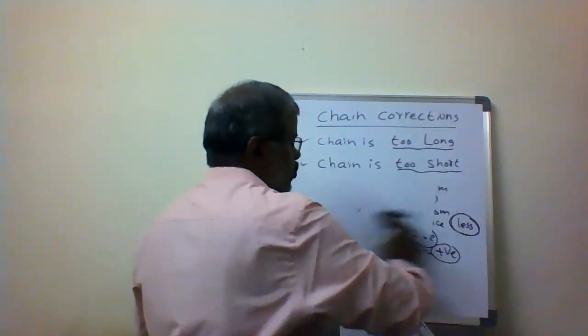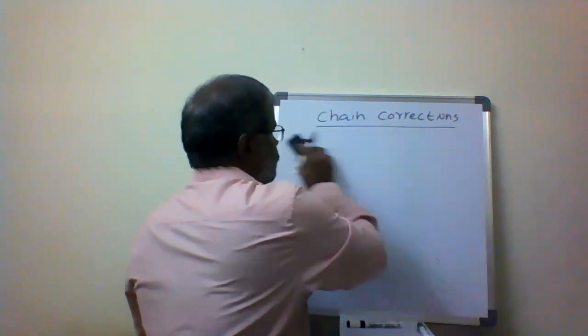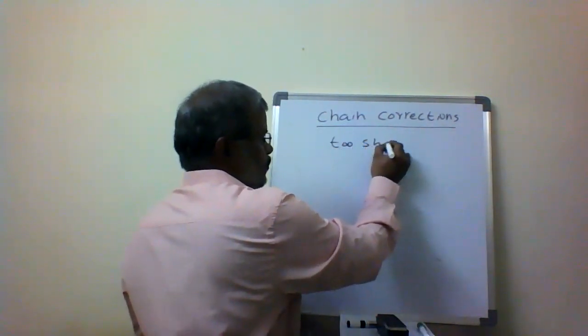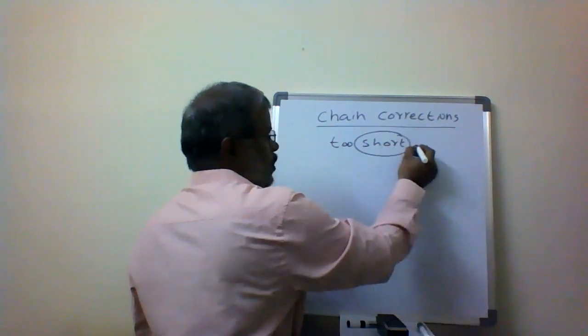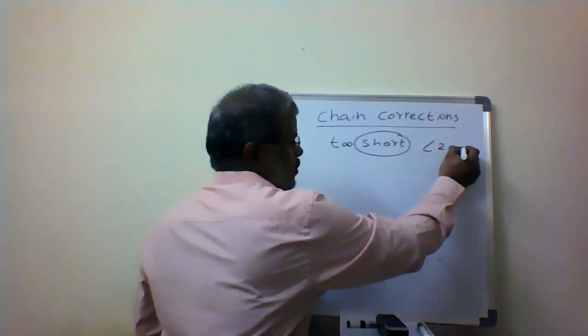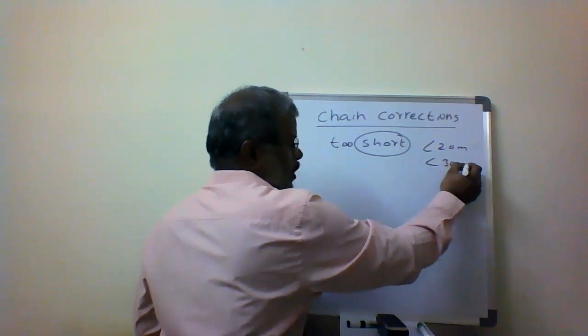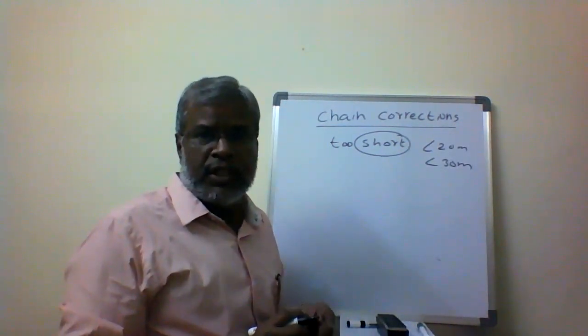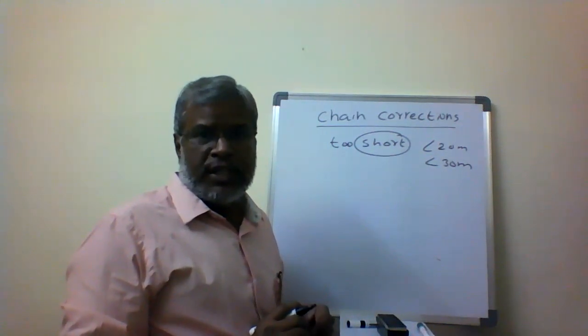Similarly, if the chain is too short, it is less than 20 meters or less than 30 meters of the standard chain length.